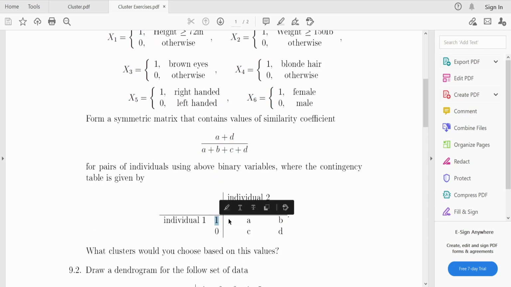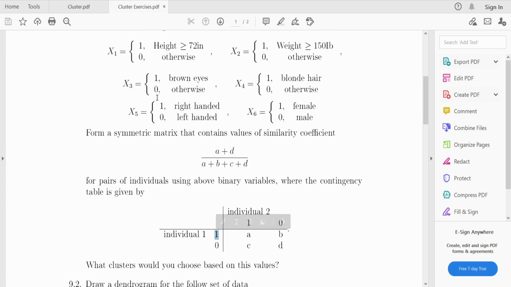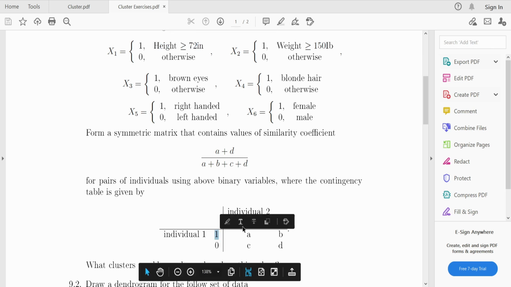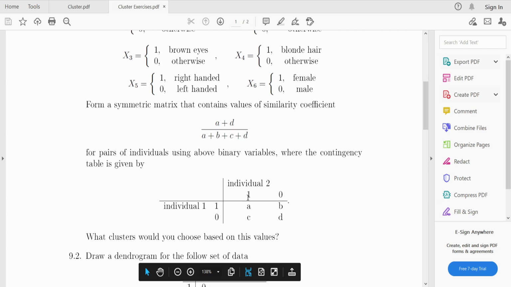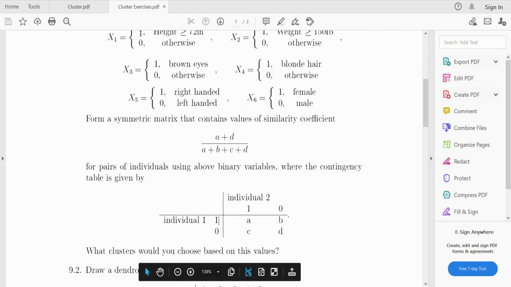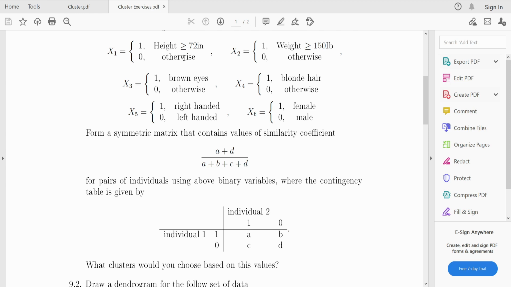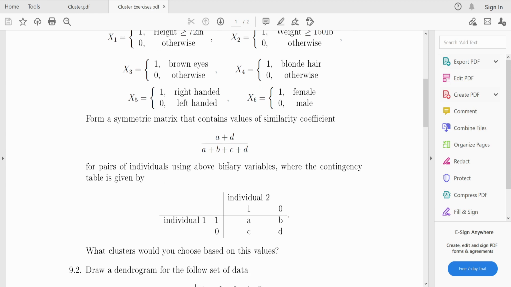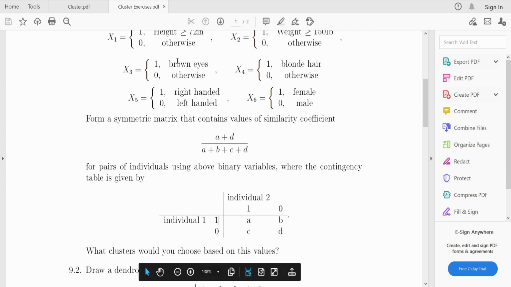So for example, 1, 1 for individual 1 and individual 2 means that both have some characteristic. For example, if both individuals are higher than 72 inches, then we have 1, 1, so it is a match. They're similar in that sense. They're both higher. Then, for example, they both can have brown eyes.